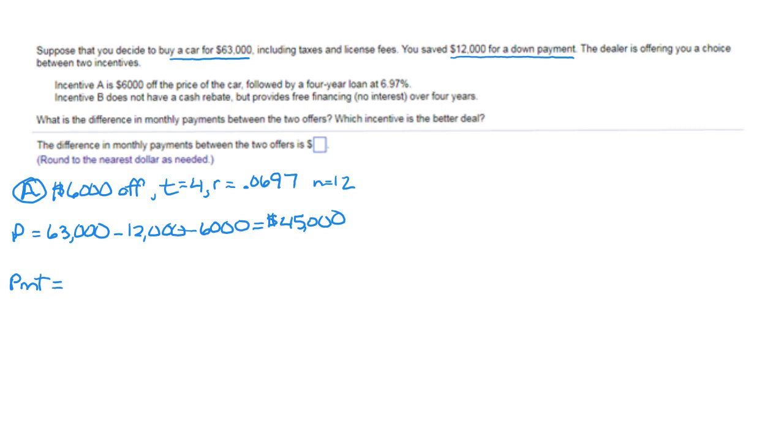So we have the P times R divided by 12 for the 12 monthly payments. This is our numerator.